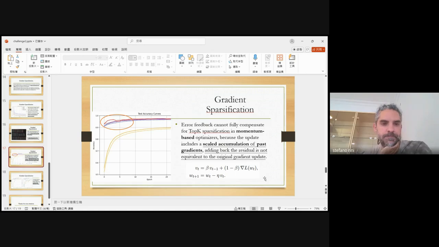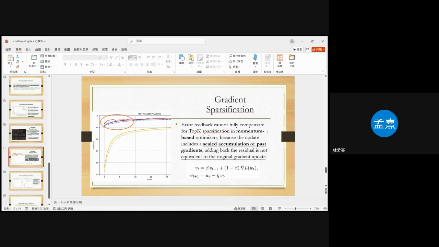Of course. And so error feedback cannot fully compensate for sparsification in a momentum-based optimizer, because a momentum-based optimizer includes the scaled accumulation of past gradients. So adding back the residual is not equivalent to the original gradient updates.